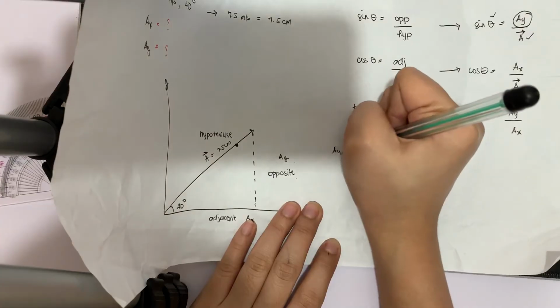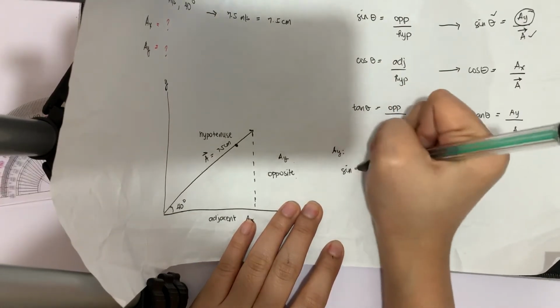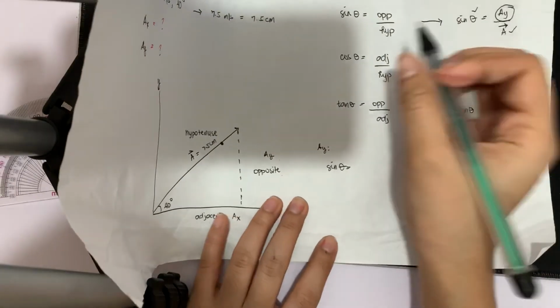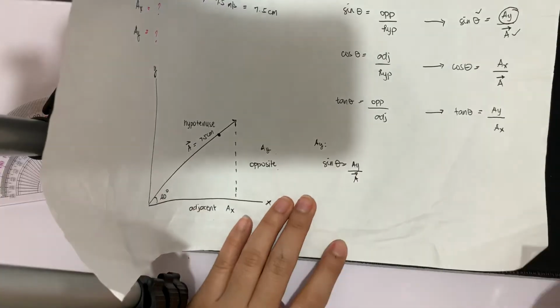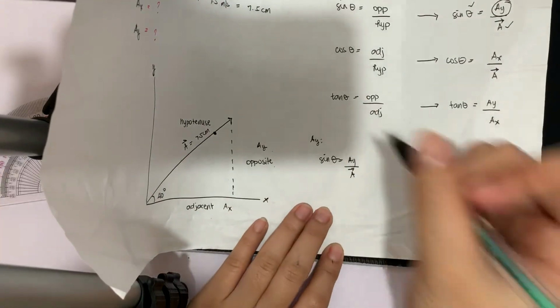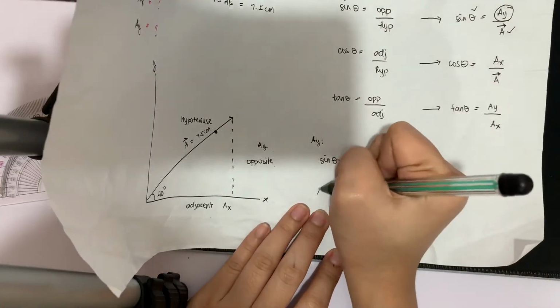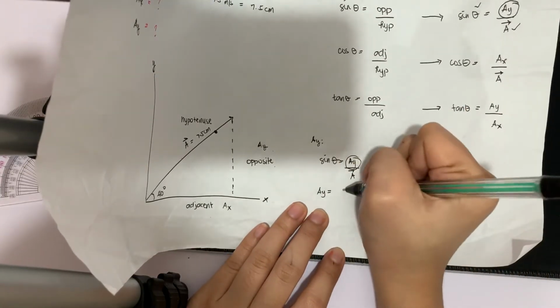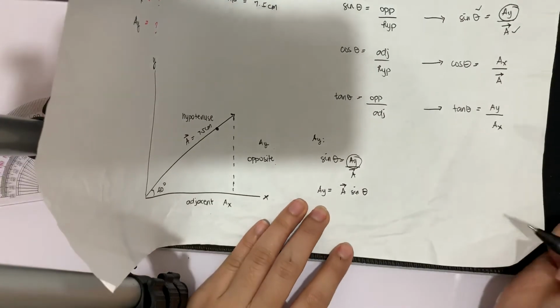To solve for ay, we have sine theta is equal to a sub y over vector A. Since we are looking for ay, we can derive the formula: ay is equal to vector A sine theta.